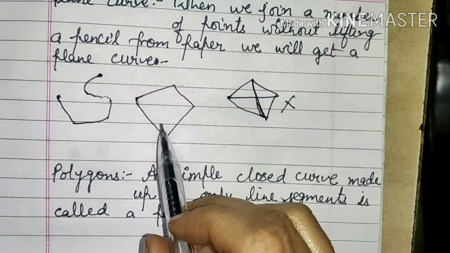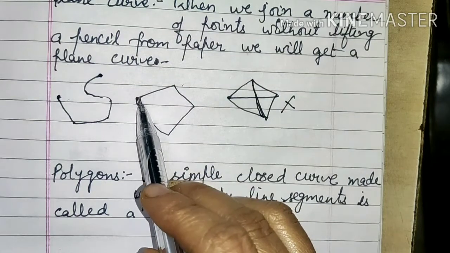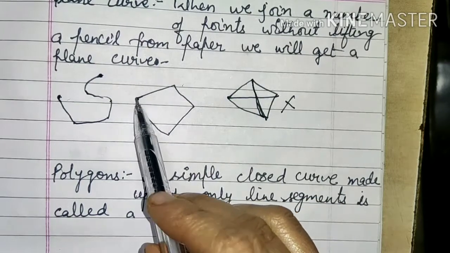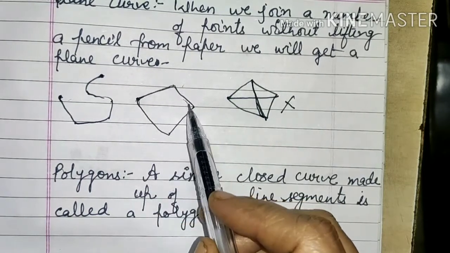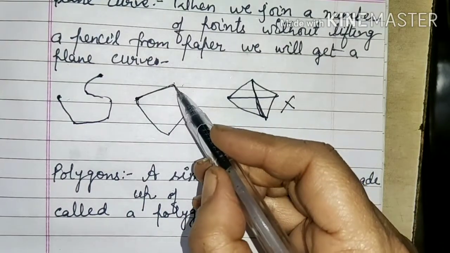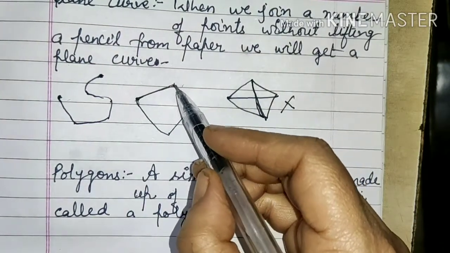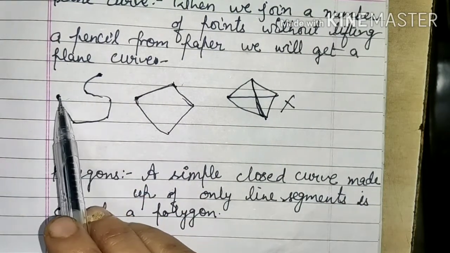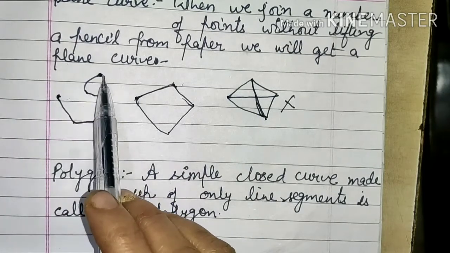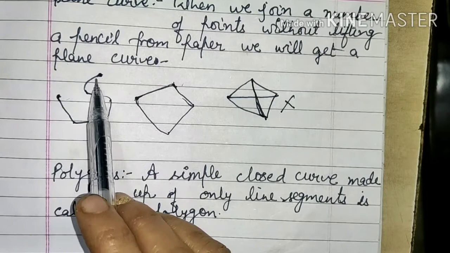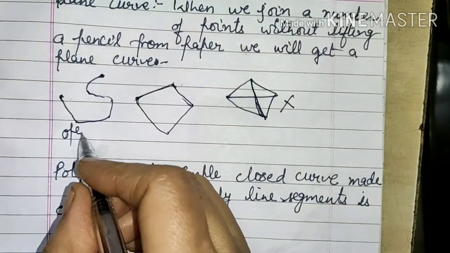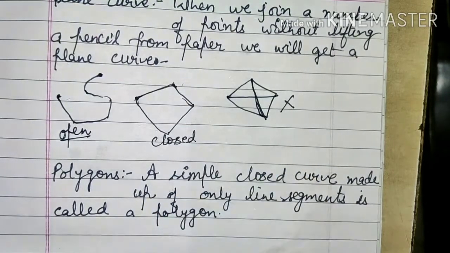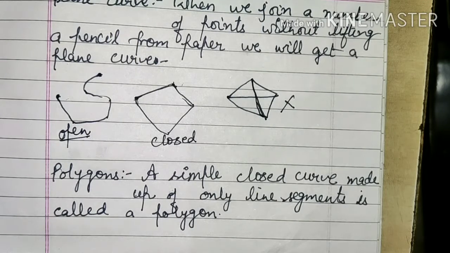But in a closed figure you are not able to recognize from which point it starts and at which point it ends, because both are the same. If the initial point and end point are the same, it is a closed figure. But if the initial point and final point are different and we can easily see the starting and end point, it is an open figure. This is your open plane curve and this is your closed plane curve. So these are the types of curves we have, open and closed.